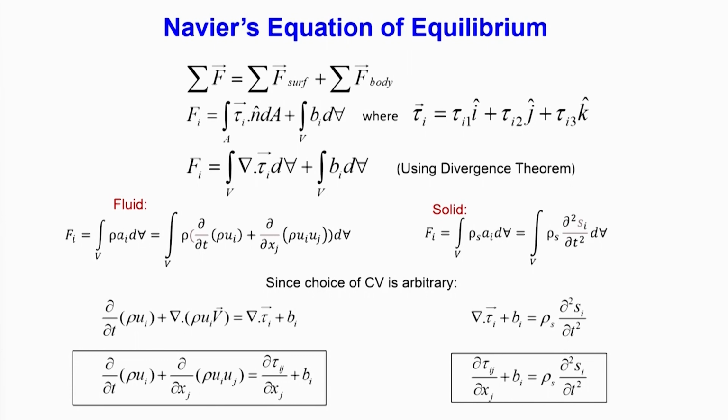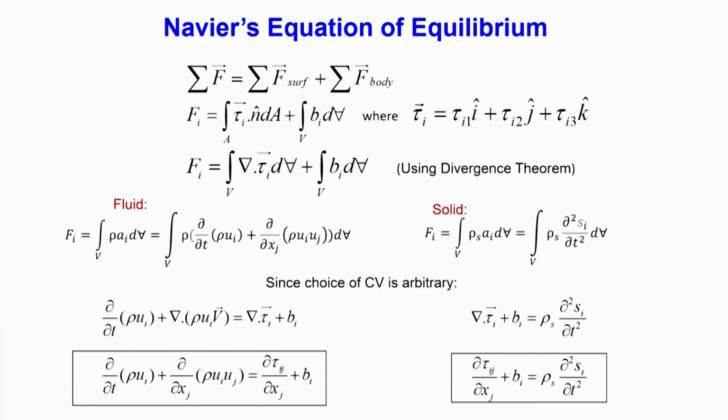So, tau i is tau i1 i plus tau i2 j plus tau i3 k, dotted with the normal vector n, which is n1 i plus n2 j plus n3 k.